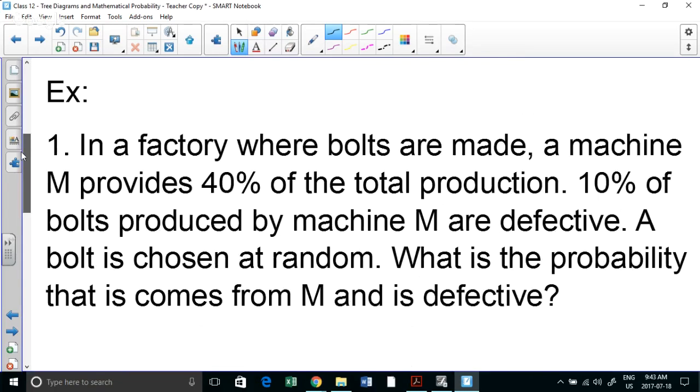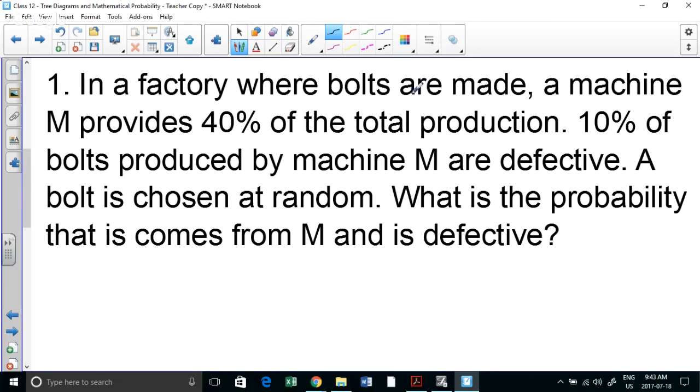For example, in a factory where bolts are made, a machine M provides 40% of the total production. 10% of bolts produced by machine M are defective. A bolt is chosen at random.